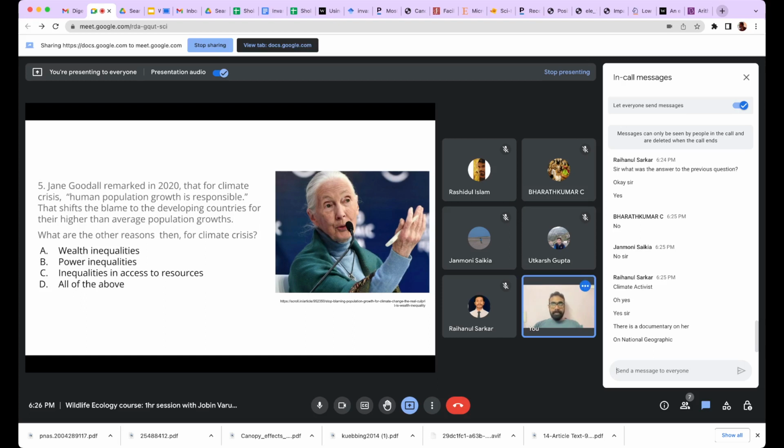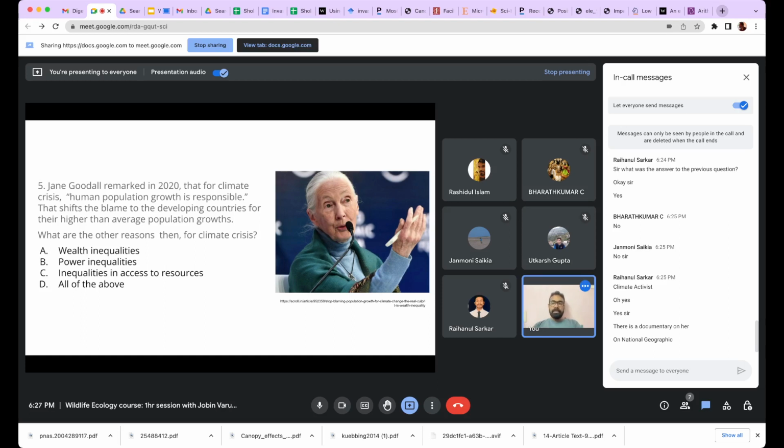The developed countries have pretty lavish lifestyles, which release a lot of carbon dioxide into the atmosphere. So it's not very useful to blame the developing countries and tell them to cut down on their emissions, when the main culprits are actually the developed countries.